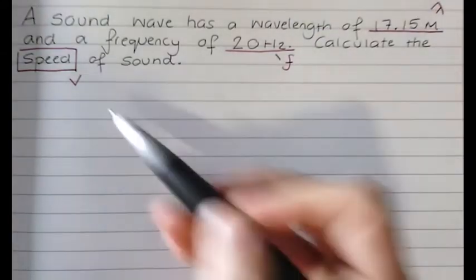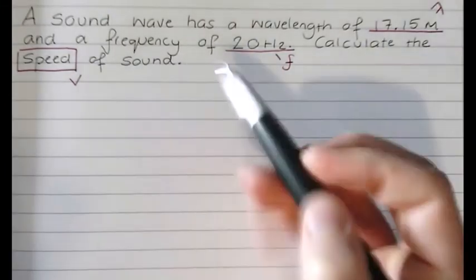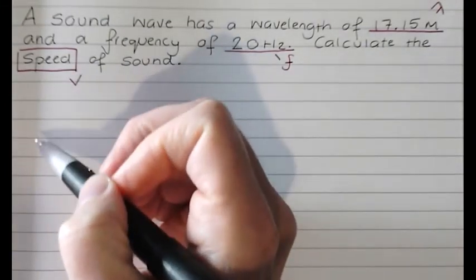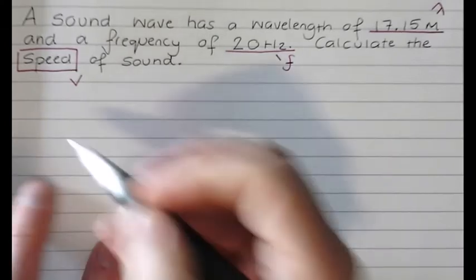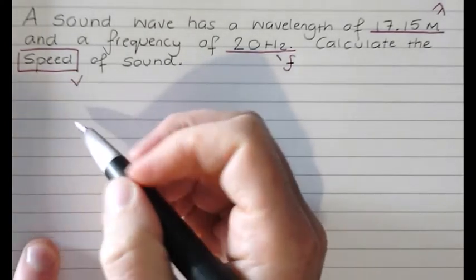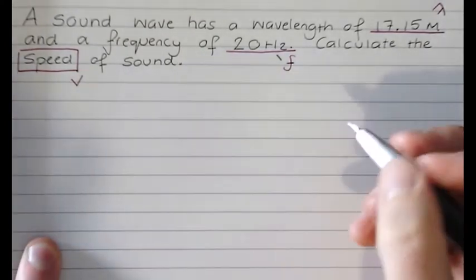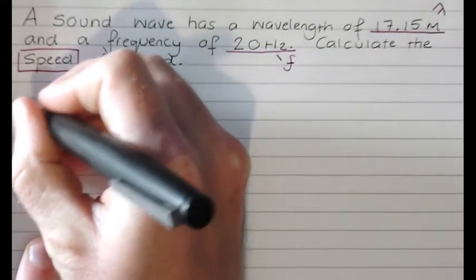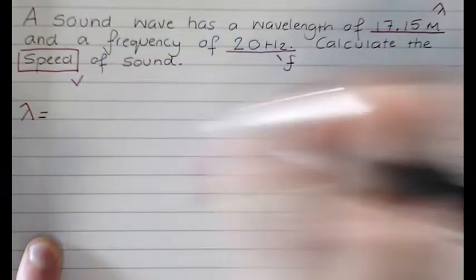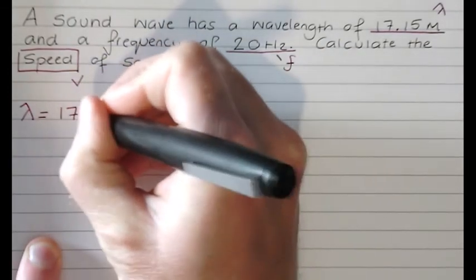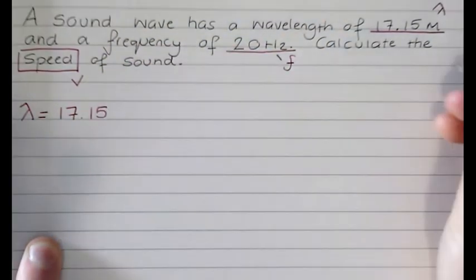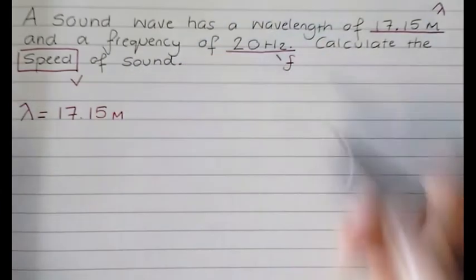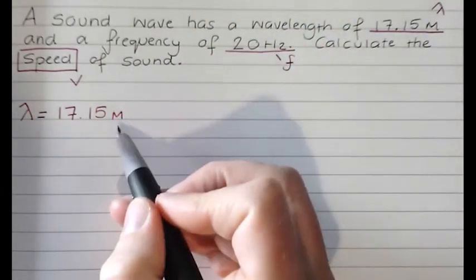So once we've extracted our data, we're going to list them down the side here, because we want to make it really, really clear when we're doing our calculations where these numbers are coming from. So we can just write them down. So we've got wavelength here. The wavelength is 17.15, and we put the unit in meters because we need to check it's in the right unit.